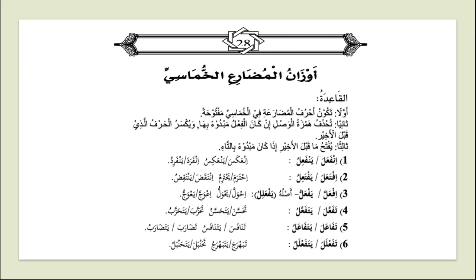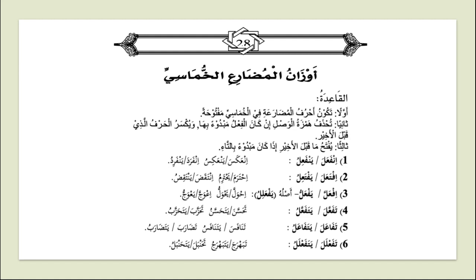Second point, ثانية تحذف همزة الوصل إذا كان الفعل مبدوءا بها. The همزة الوصل is dropped if the verb starts with it. ويكسر الحرف الذي قبل الأخير, and the letter before the last will take a kasra.